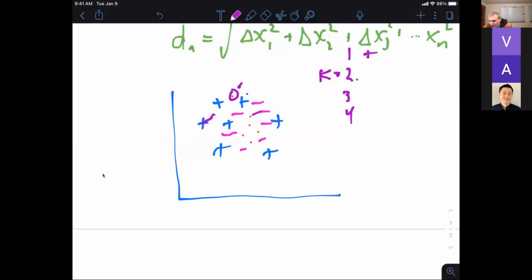So for K equals 2, this point right here might say, hey, that one and that one are close to me. I'm a minus. This one right here might say, hey, that one and that one are close to me, so I'm somewhere in between a plus or a minus. I don't know how it decides which one is closer there.